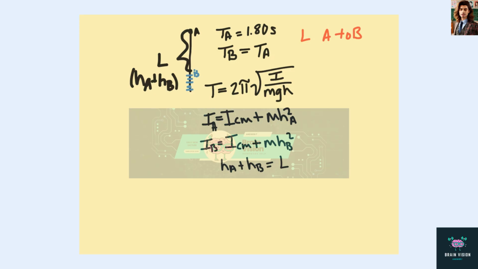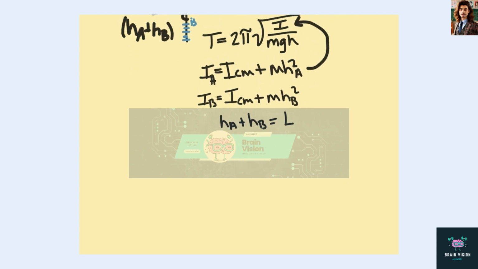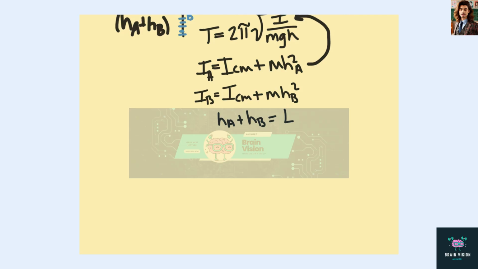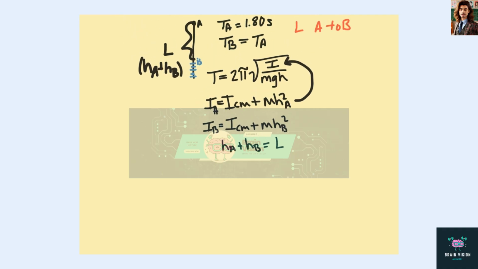So now that we have these terms, we're going to be substituting them back into this equation, and we're going to be going through a couple of different derivations here, so just stick with it. Because we know that the period of B is equal to the period of A, we can make them equal to one another.